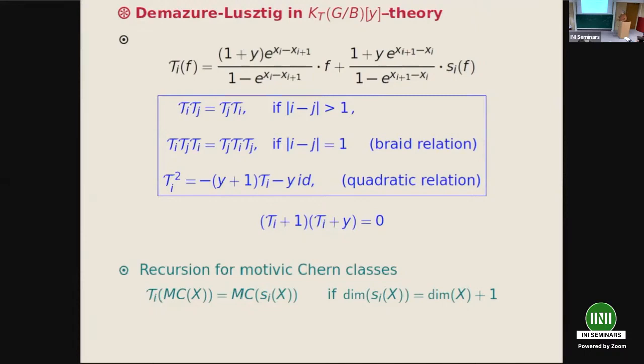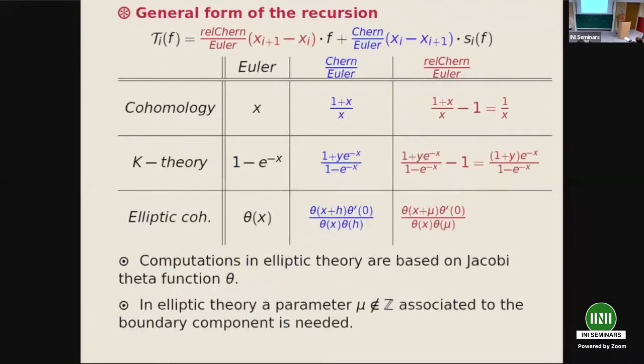Okay. And maybe the general pattern. These operators look like something I will explain in a moment.